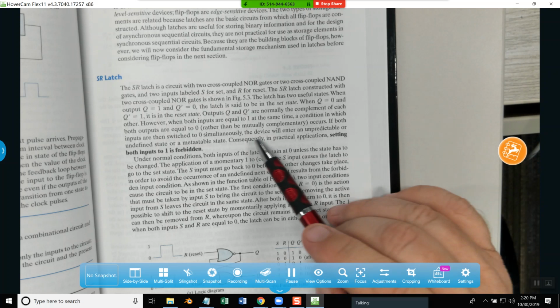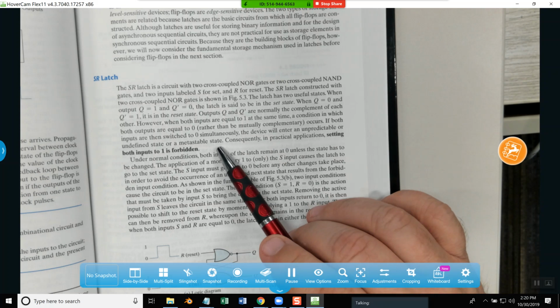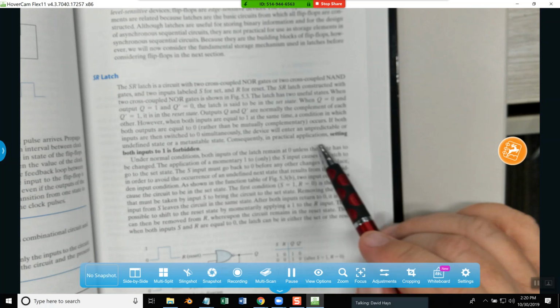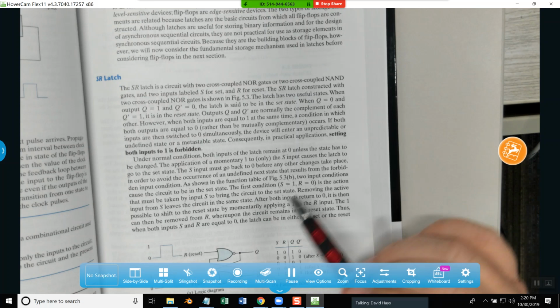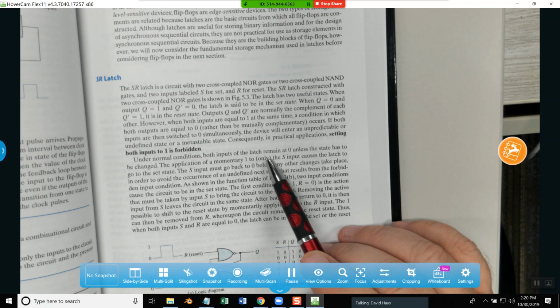Consequently, in practical applications, setting both inputs to 1 is forbidden. Under normal conditions, both inputs of the latch remain at 0 unless the state has to be changed. Okay, so 0's coming in, 0's coming in. I need to set this.